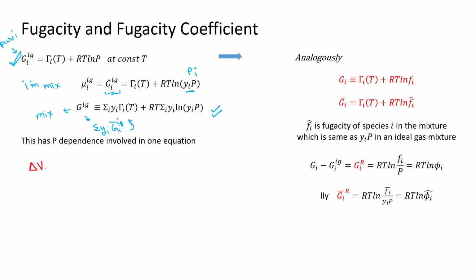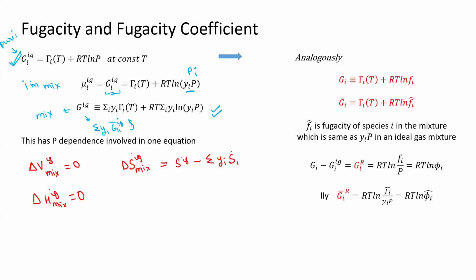So delta V mixture in ideal gas is equal to 0. Delta H mixture in ideal gas equals 0. But coming to delta S mixture in ideal gas, it equals S_ig minus sigma Yi S_i.